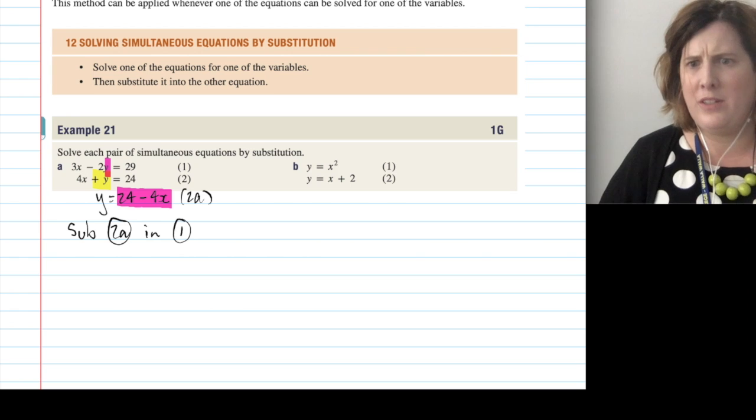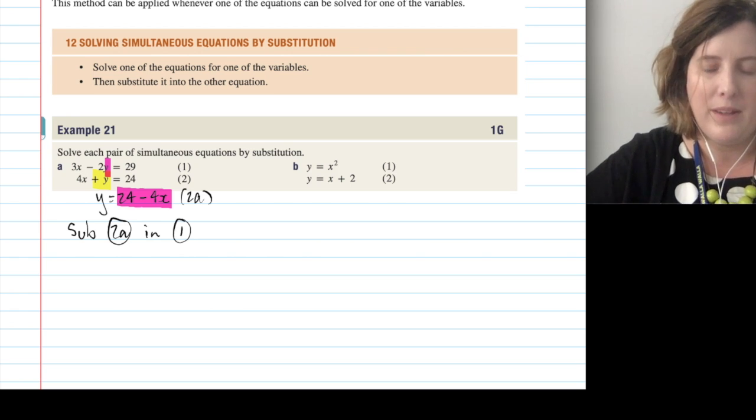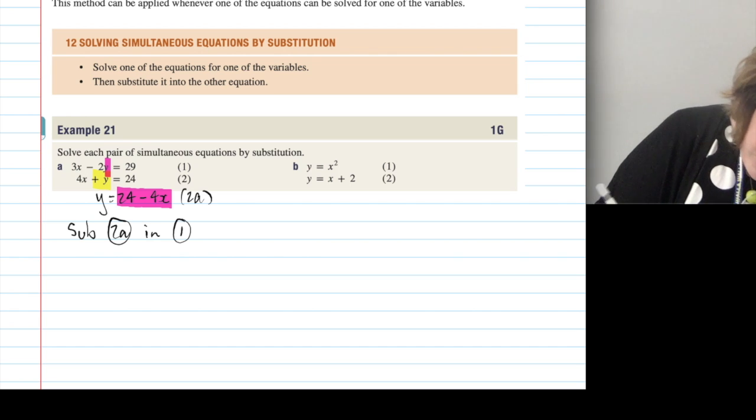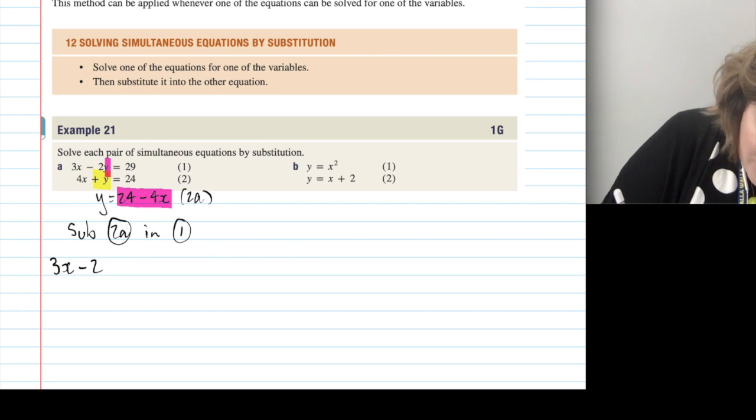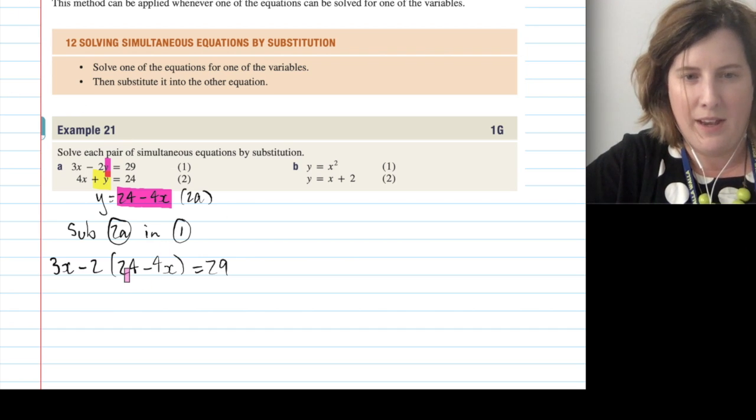And you always sub it into the other equation, otherwise you end up with 0 equals 0, and that's not hooray. So we've got 3x take 2y. Well, I've just told myself that y is going to be 24 take 4x, equals 29. So that 24 take 4x came from y. That is y.